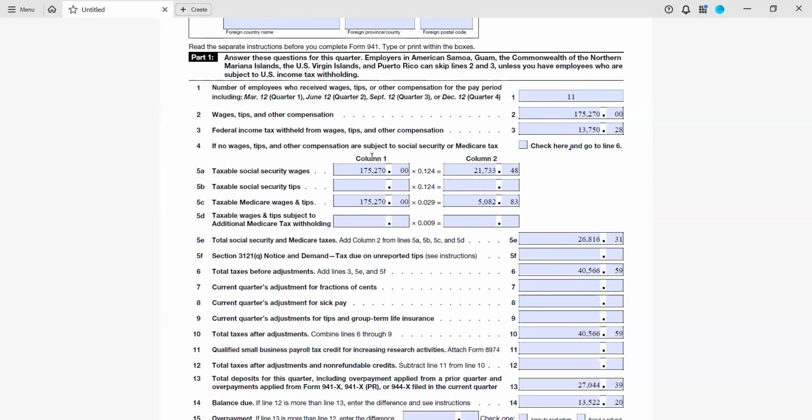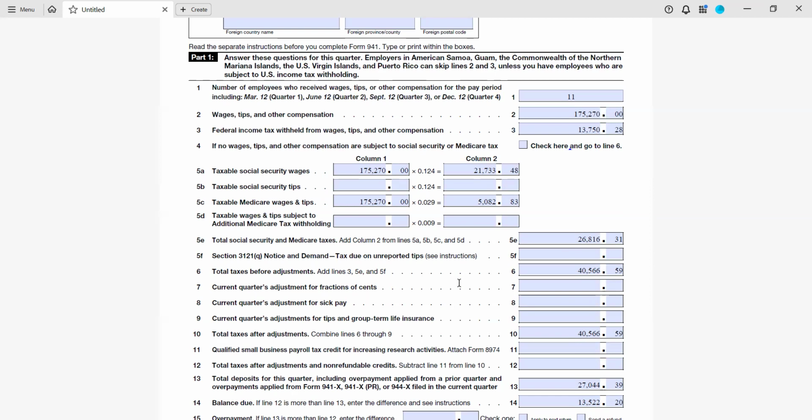Now, when we get to part one, they want to know the number of employees who receive wages, tips, or other compensation for the pay period, including March 12th, June 12th, September 12th, December 12th. Now, with that being said, because we are only looking at quarter two, that means that we are only taking into consideration April, May, and June.